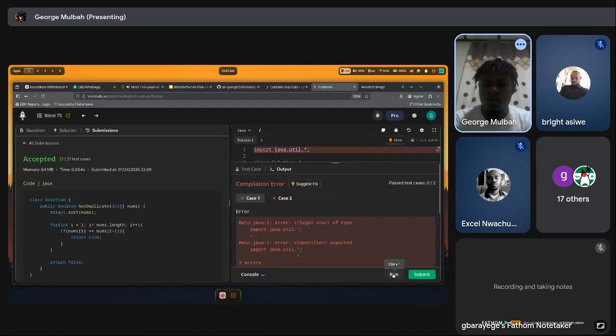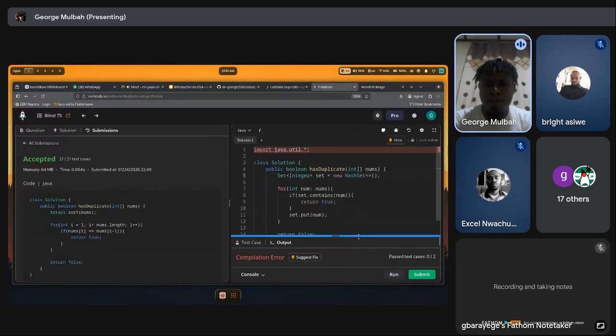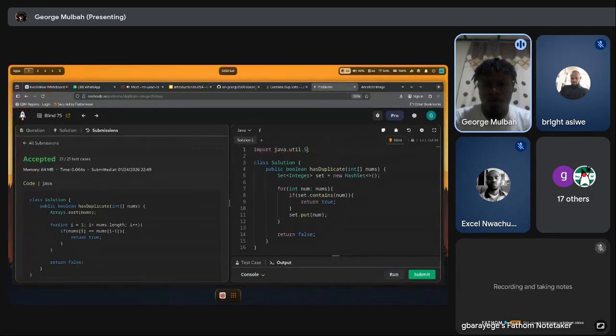So why am I having an error with this thing? There shouldn't be an error. I don't know why I'm having an error with this.